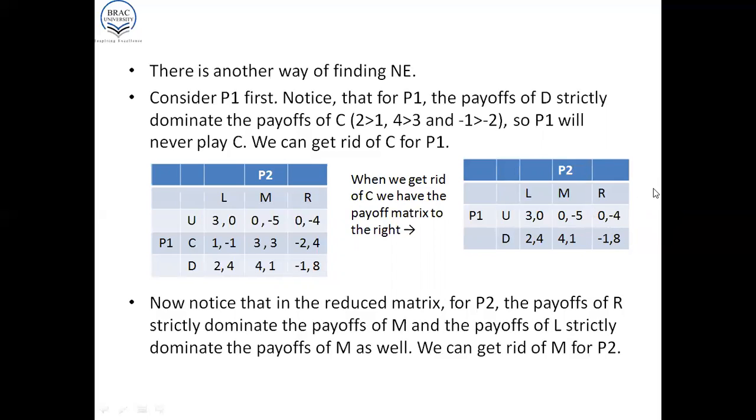Also the payoffs of L strictly dominate the payoffs of M, since 0 is greater than -5 and 4 is greater than 1. So P2 will never play M because it is strictly dominated by both L and R, and we can get rid of M for P2 altogether.